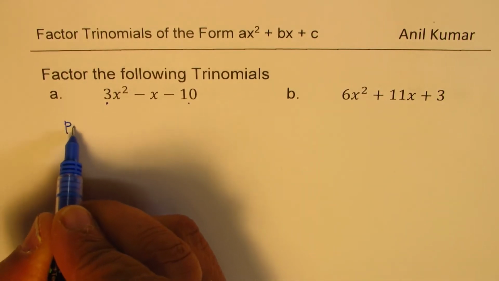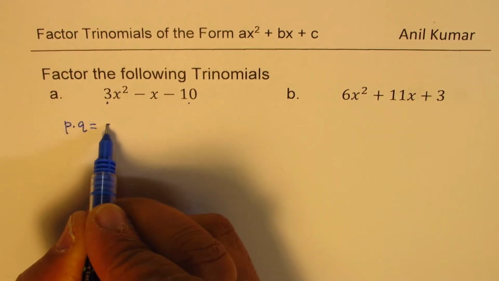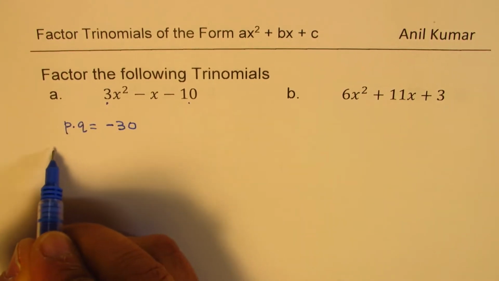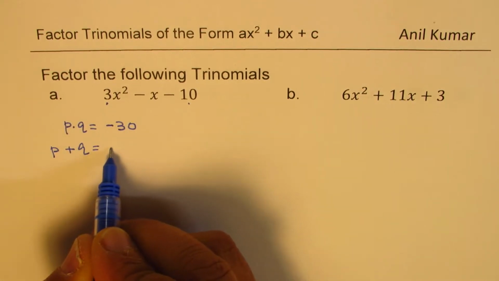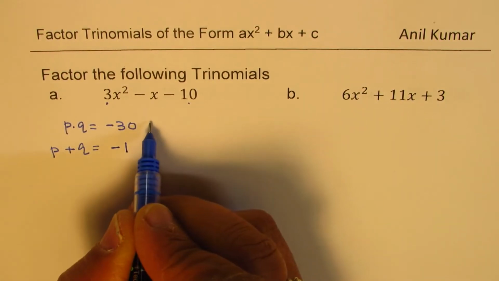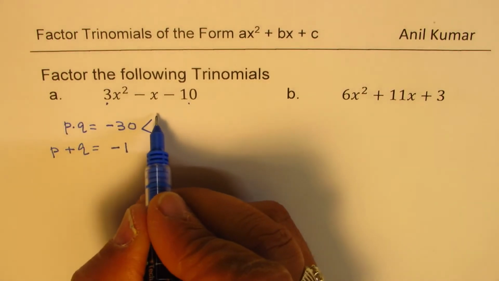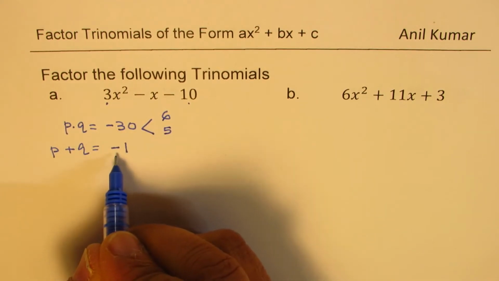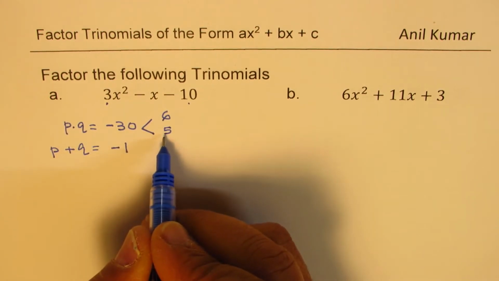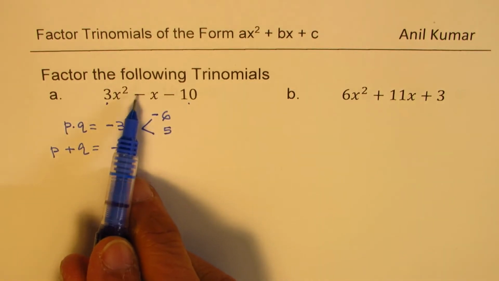So we are looking for two numbers whose product should be equal to 3 times minus 10, which is minus 30, and whose sum p plus q is coefficient of x, which is minus 1. Now the two numbers which we can get are 6 and 5. 6 times 5 is 30. Since we need negative, one of them is negative. The number which is bigger should be negative since the sum is negative.